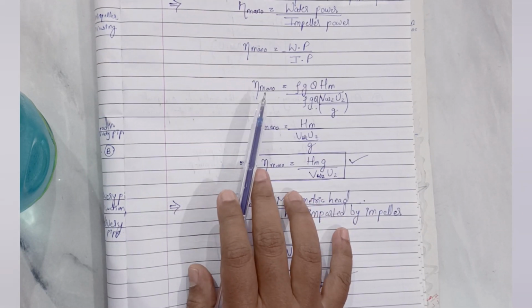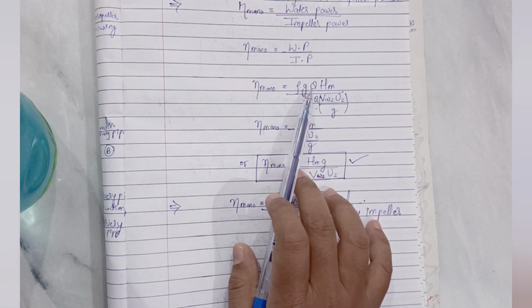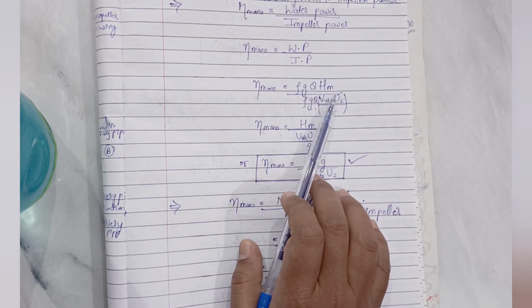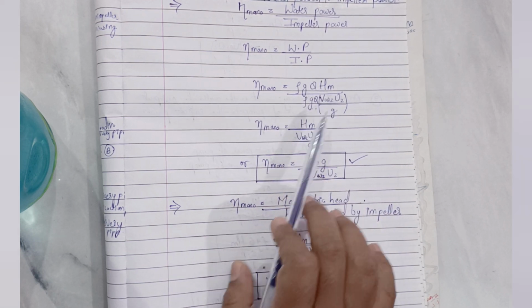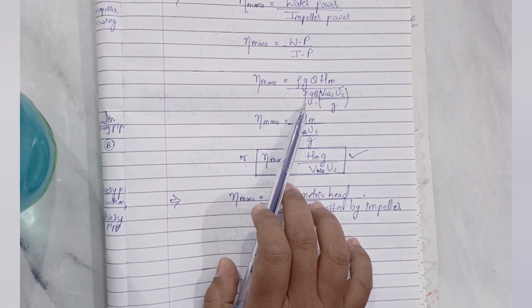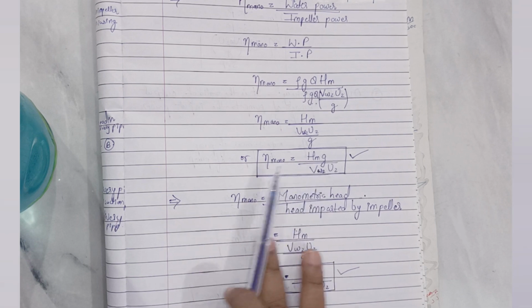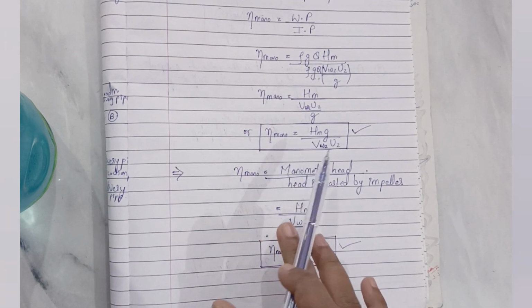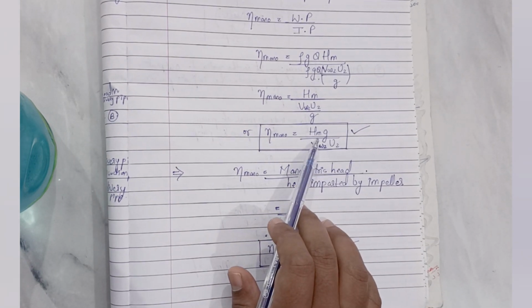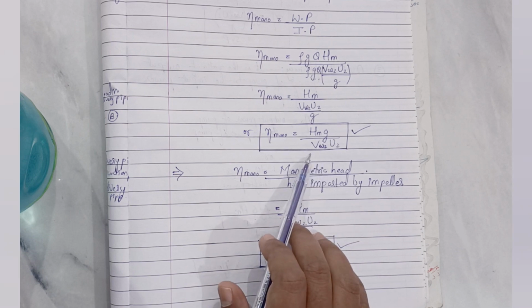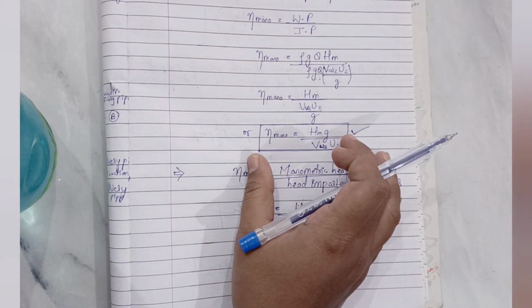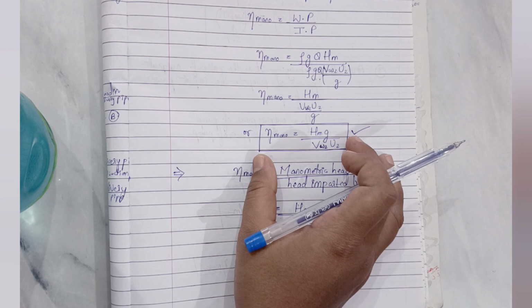Manometric efficiency will be equal to water power, that is rho g Q Hm, where Hm is your manometric head, upon the impeller power, rho g Q VW2 U2 upon g. If you simplify this, you will get your manometric efficiency as Hm, the manometric head, multiplied by g upon VW2 U2. So this is your manometric efficiency formula.